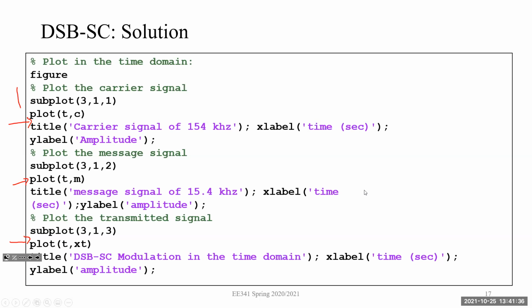Here in the plot, the first one is time carrier, right? Then time message, and then modulated signal. The third one is the modulated signal. When you multiplied carrier with message, you got x of t.